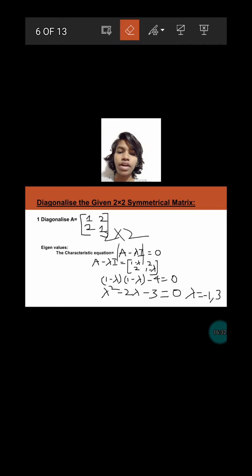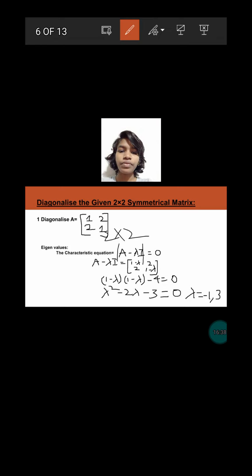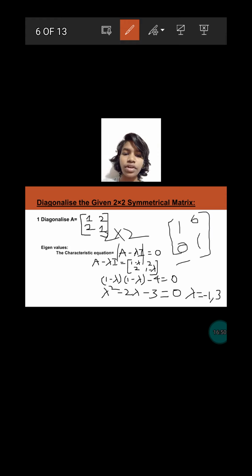And here I is nothing but the identity matrix, where except the diagonal elements, the rest of the elements are zeros and the diagonal elements are 1. When we multiply the identity matrix with lambda, we get lambda 0, 0 lambda.